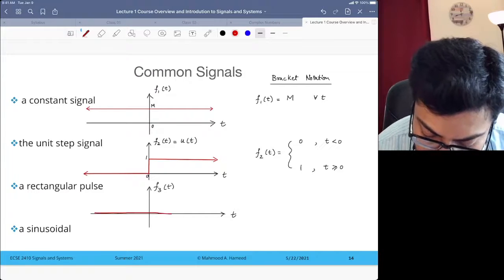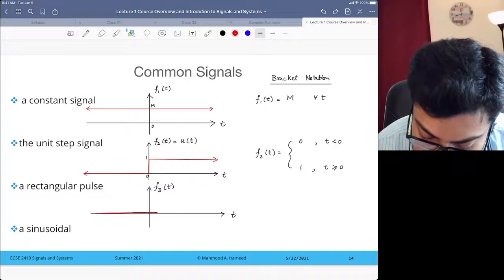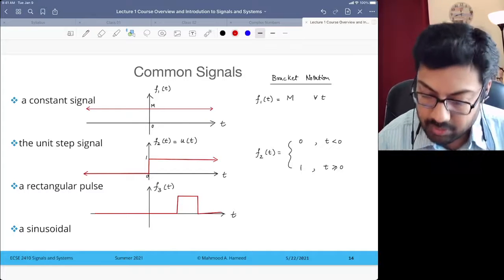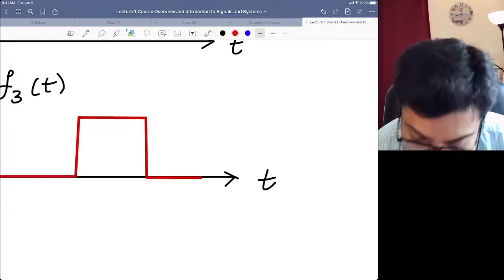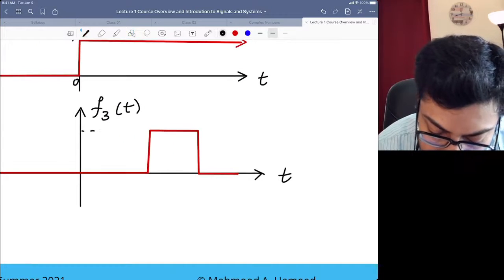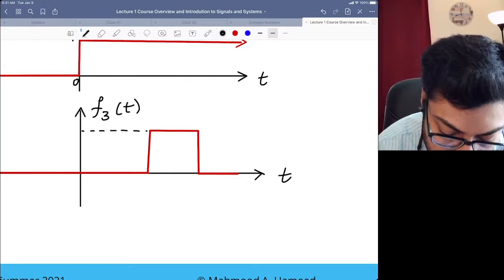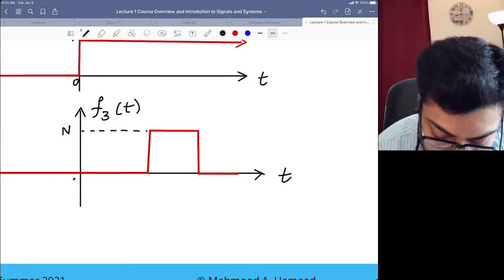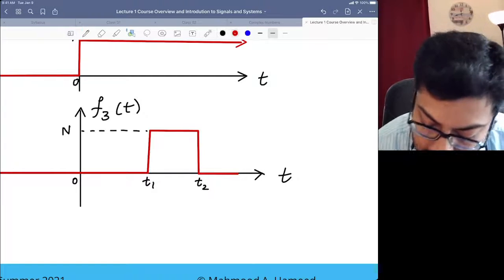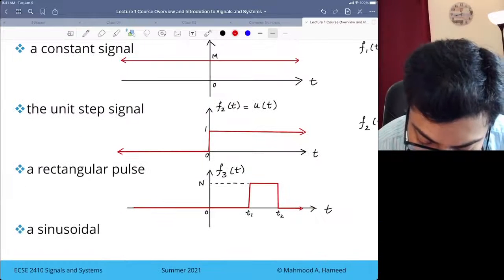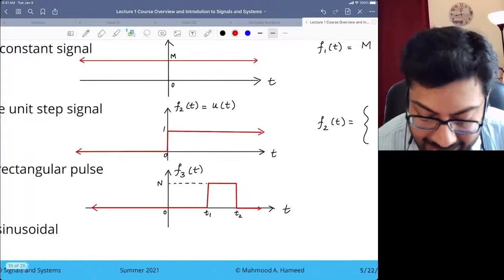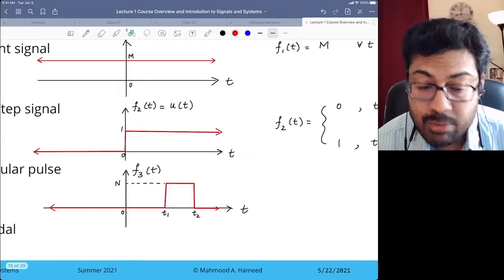It can be 0 here, and then it can have a pulse here and then go to 0, with some height, maybe n, and then this is 0, this is say t1, and this is say t2, right? And then it is continuing over here as 0, and then over here as 0 as well. Right. So that's a rectangular pulse of height n between t1 and t2.